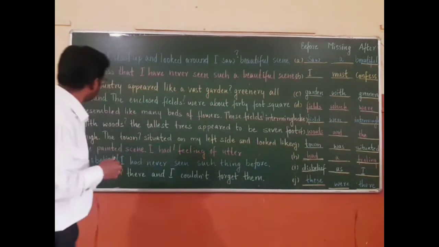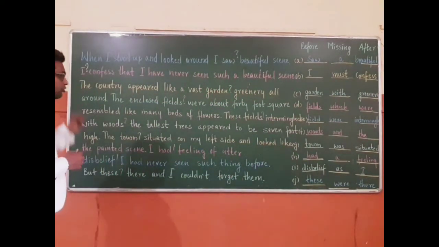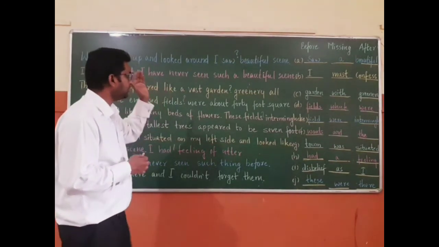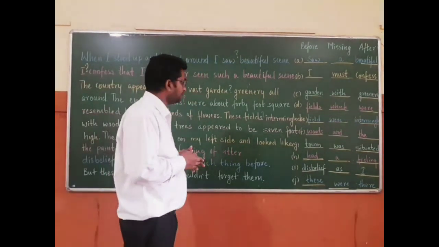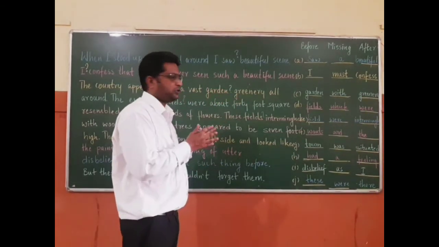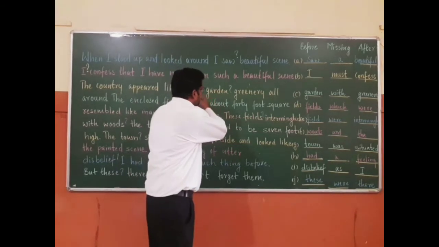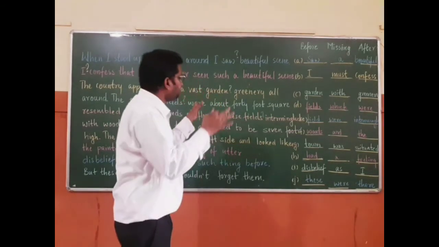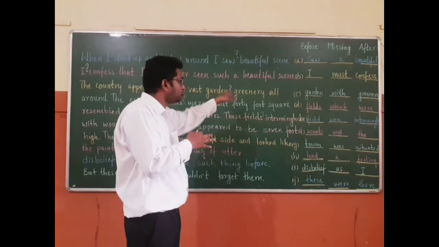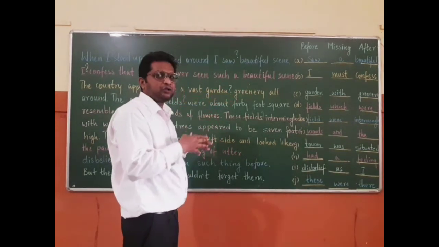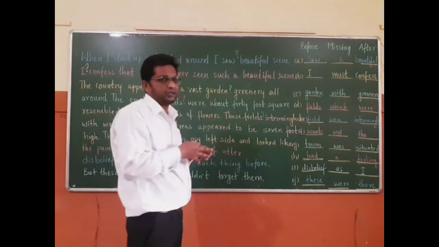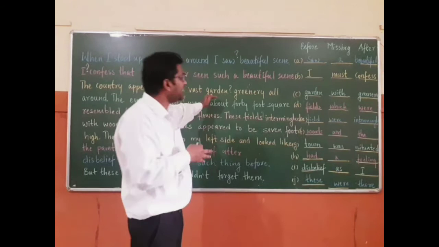Let us read out the third line. The country appeared like a lost garden, greenery all. Now you see here, you can simply identify what is missing, because there is no joining term or connector here.